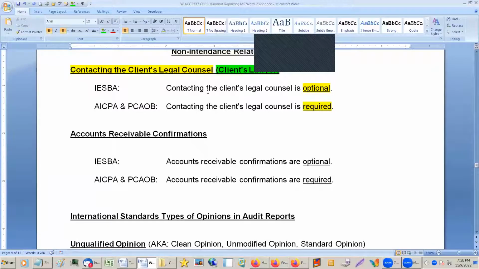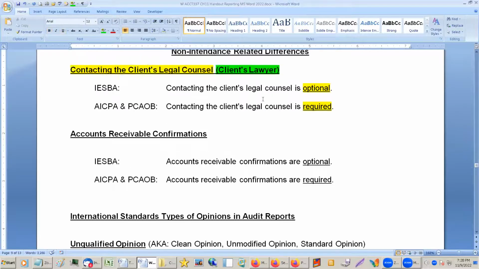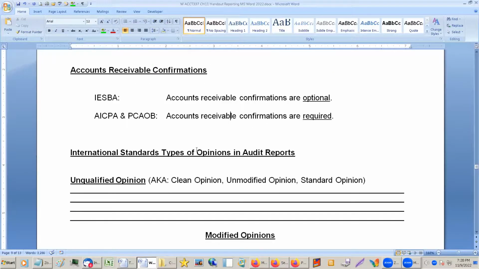So this one actually makes sense. Other countries don't have the crazy lawsuits, so it's up to you whether to contact the lawyers. In the United States, you have to, because a profitable company could be bankrupted by that. Okay.